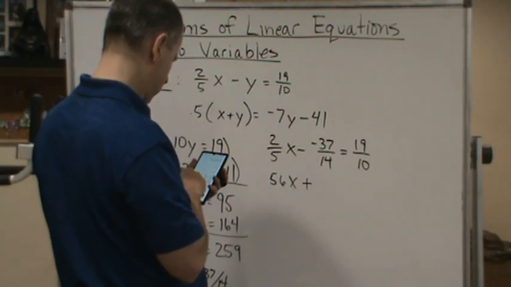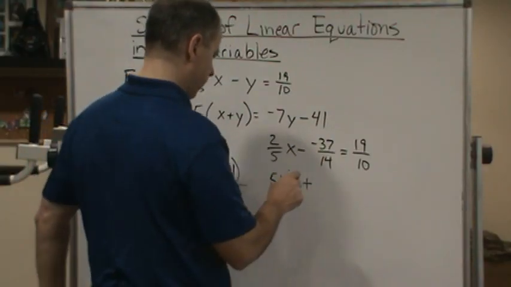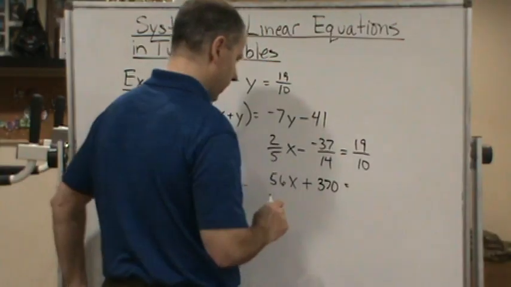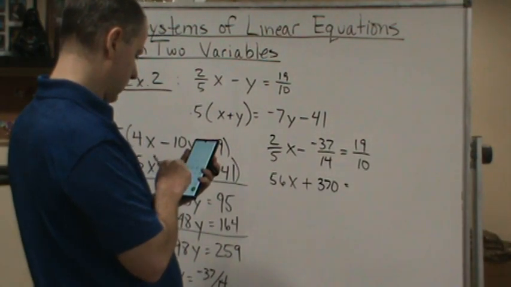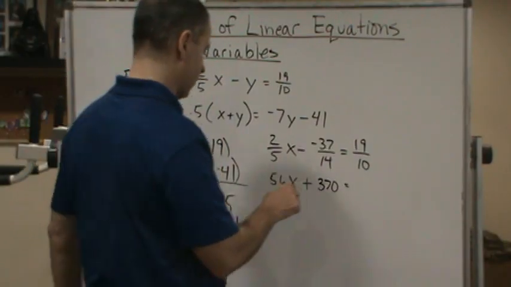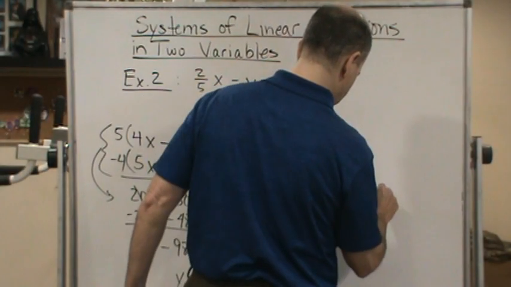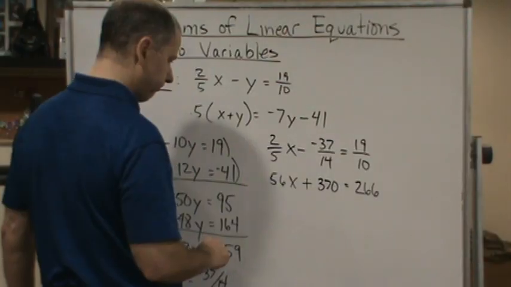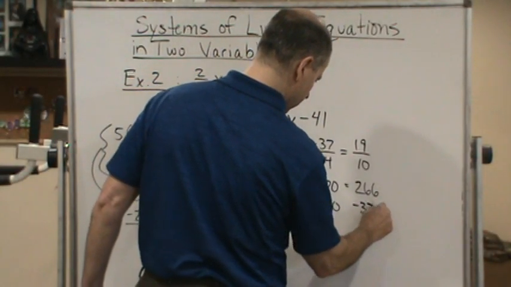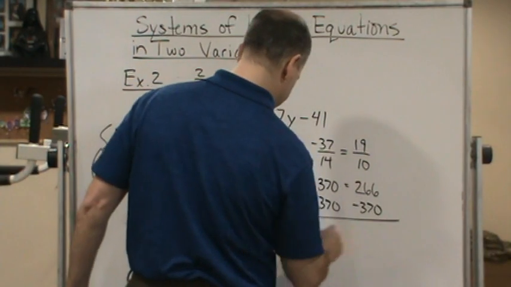Oops. Okay, yep, so this will be 370, and then 14 times 19, 266. All right? And then we're going to subtract 370 from both sides.